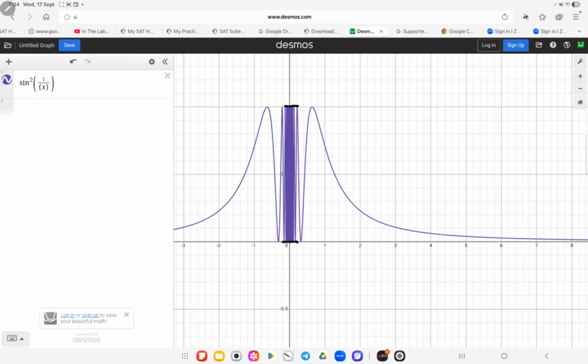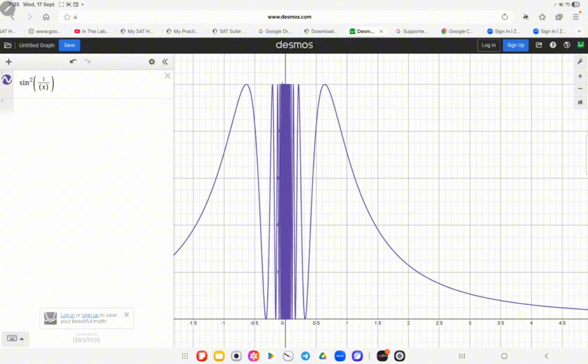In the middle is g of x. Is it between 0 and 1? Do you guys see the 1? It's between 0 and 1, right? But isn't it between 1 and -1?